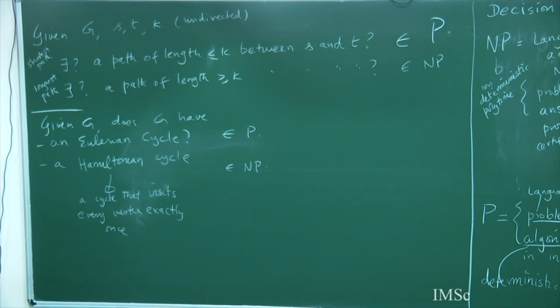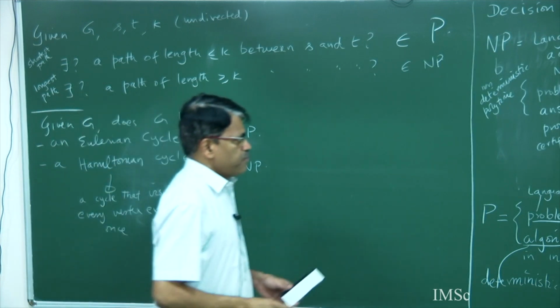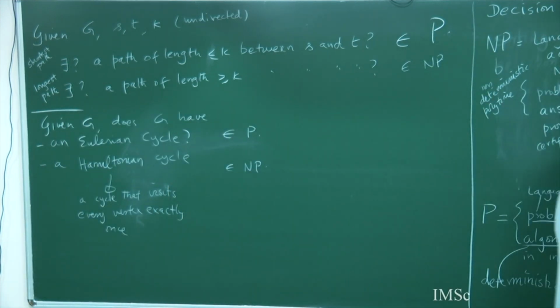Okay. So, now the $1 million open problem, now I think it is $10 million or something, is what about the following? We know that any problem in polynomial time is trivially in non-deterministic polynomial time.